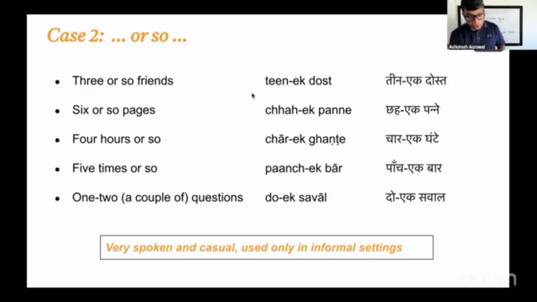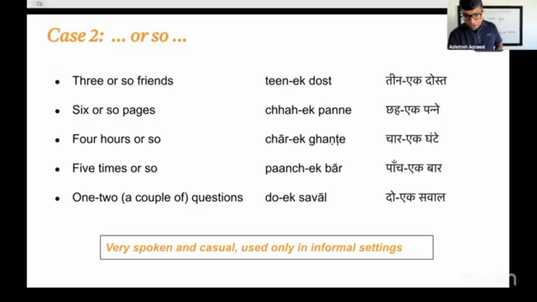So it's only in cardinal numbers, and it's also more common if the number is less than 10, right? You will not say it like 75 एक. You will say 10 एक or 9 एक or 8 एक, right? So if it is a lesser number, you tend to use it a lot more in casual Hindi conversation.